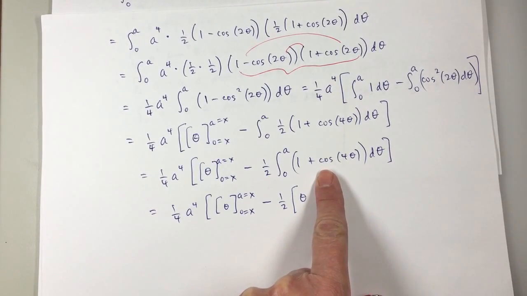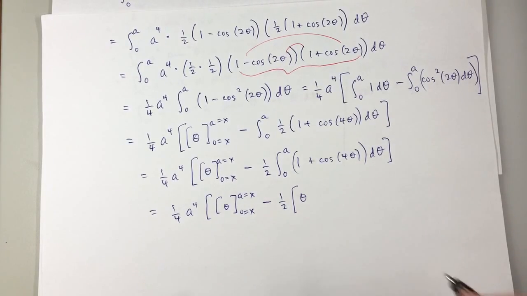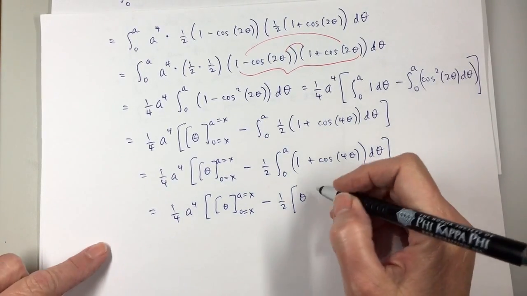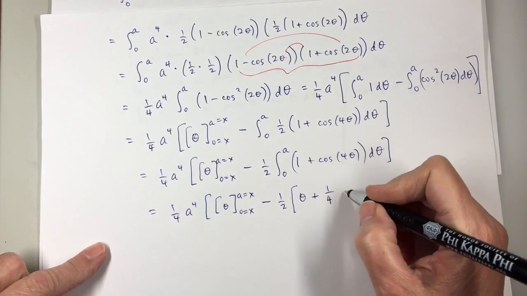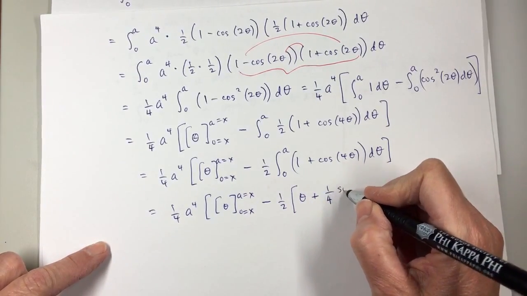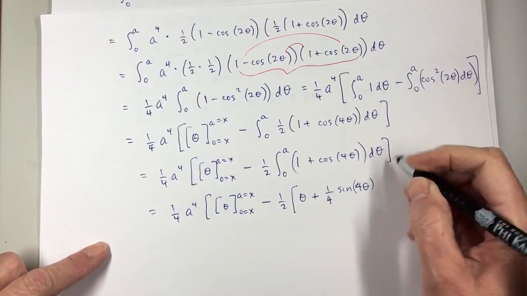What about the antiderivative of cosine? Sine. Now that 4 theta, that's really a u substitution, which, what's it going to do to this problem? Plus 1/4 sine 4 theta.